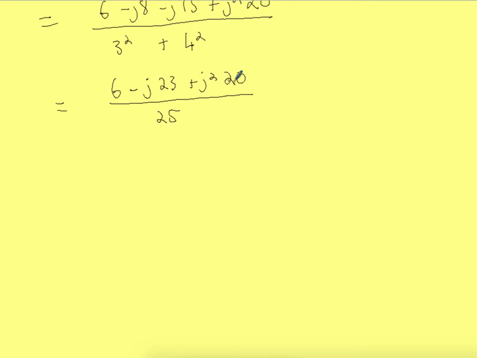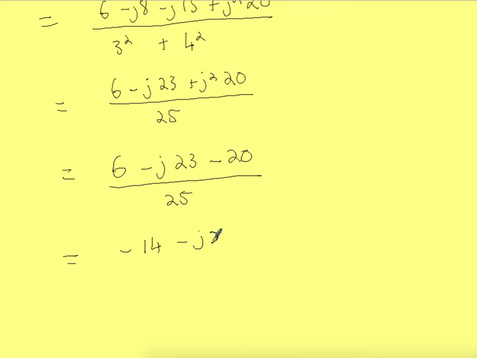Right, so then here, remember, because j squared is -1, that becomes take away 20. That gives me -14 take away j23 over 25.